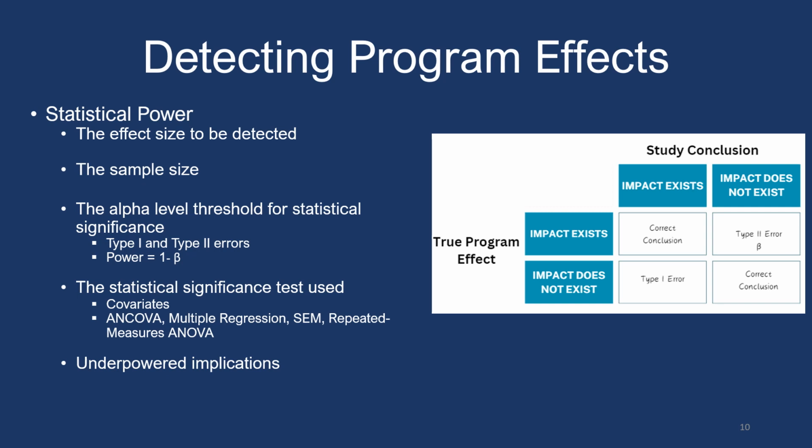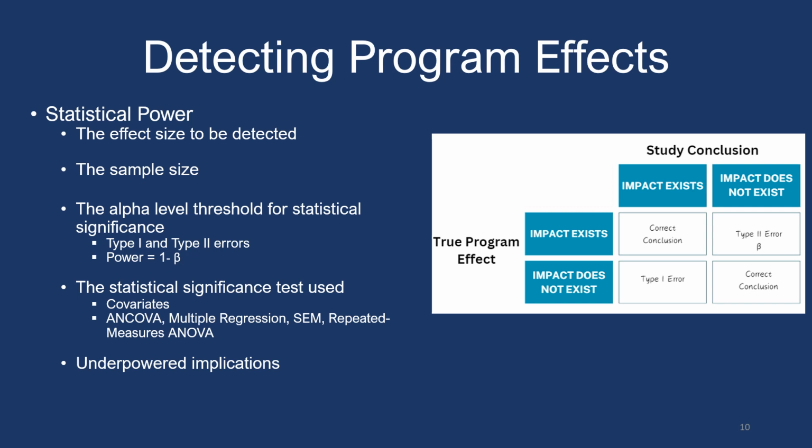Power helps us determine how large of a sample size we need, and we need to plan for it early. Four factors determine statistical power: the sample size, the alpha level threshold for statistical significance, the statistical significance test used, and the effect size to be detected.